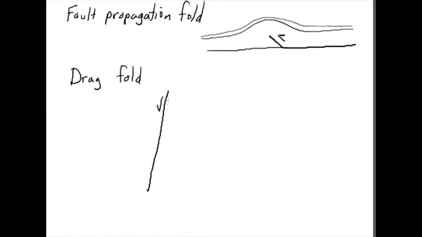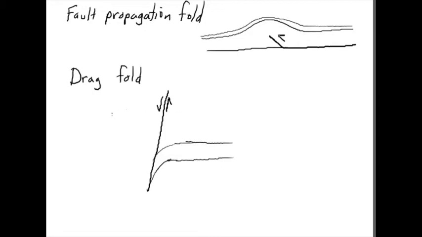Let's say this could be a strike slip fault, or it could be any kind of fault, and there's often an area near the fault where a layer, if it's fairly planar, when the faulting happens, so this side of the fault is moving that way, sometimes it'll get dragged. That layer will get dragged into the fault.